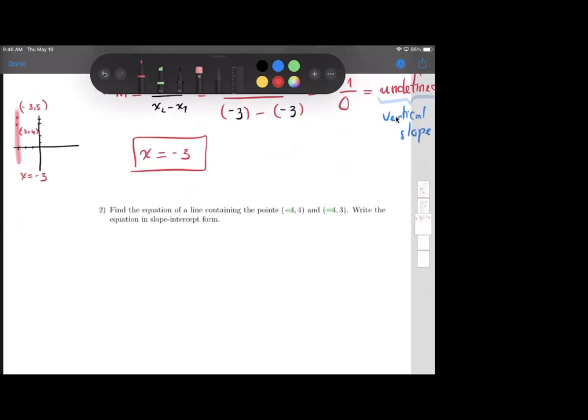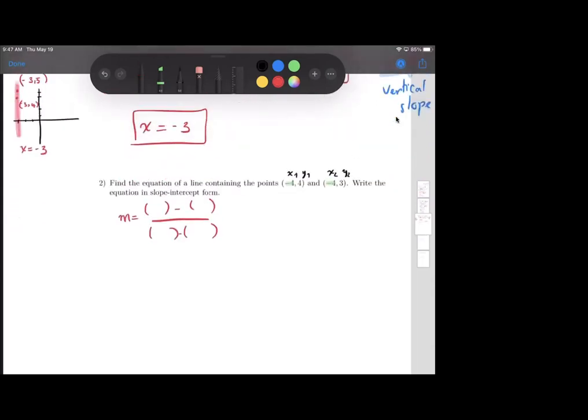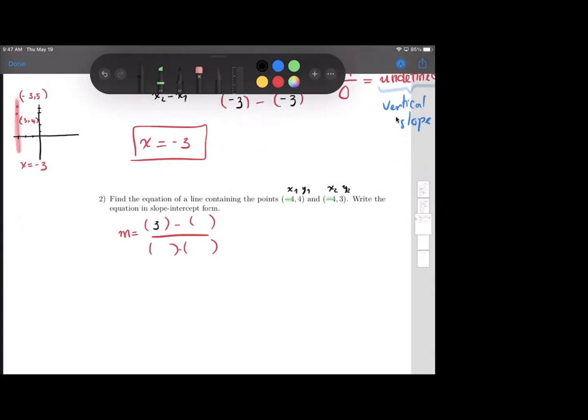So again, I'm going to do everything here. So m equal, this is my x1, y1, x2, y2. So 3 minus 4, and then x2 is -4 minus -4.